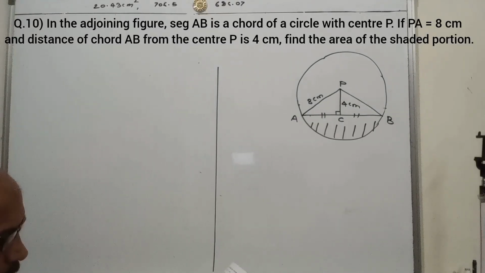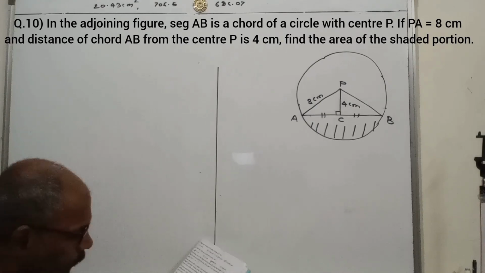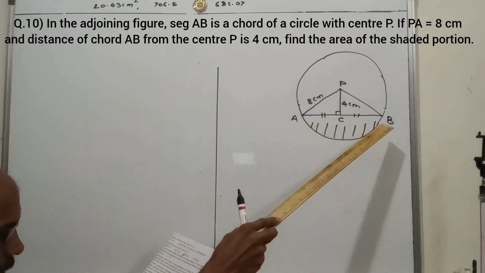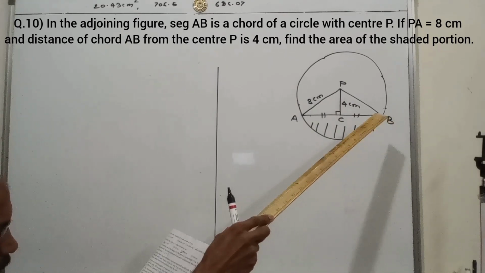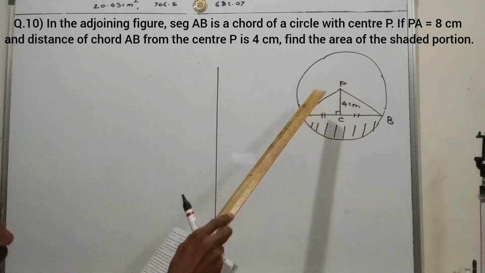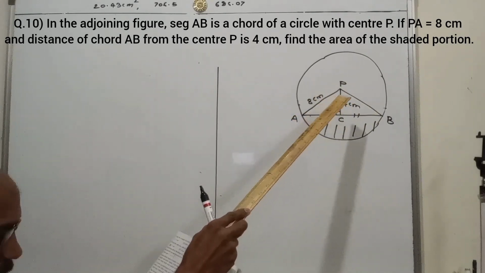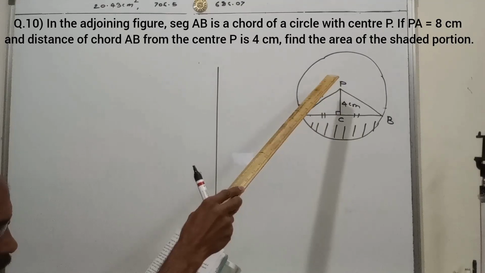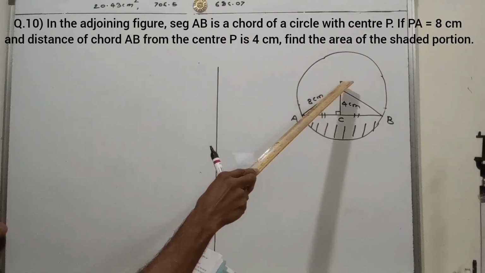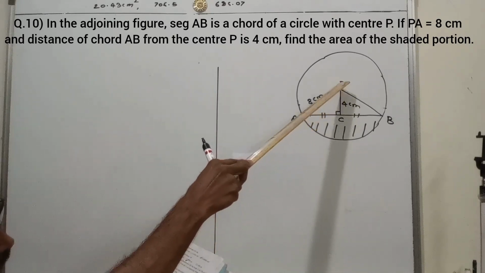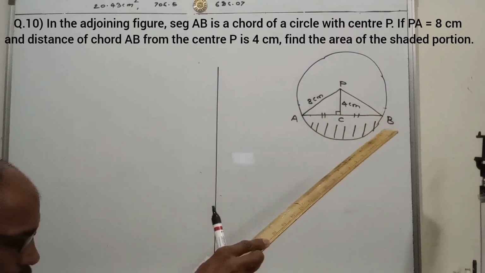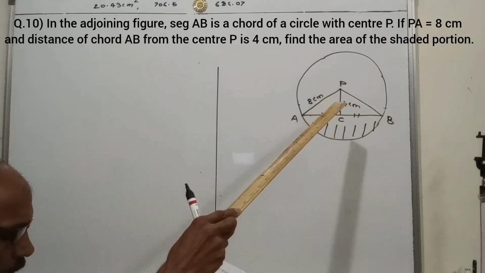Question number 10. In the figure 7.47, segment AB is a chord of a circle with center P. If PA, this is radius, is equal to 8 centimeter and distance of chord AB from the center P, this is perpendicular distance PC, is also given, that is 4 centimeter.